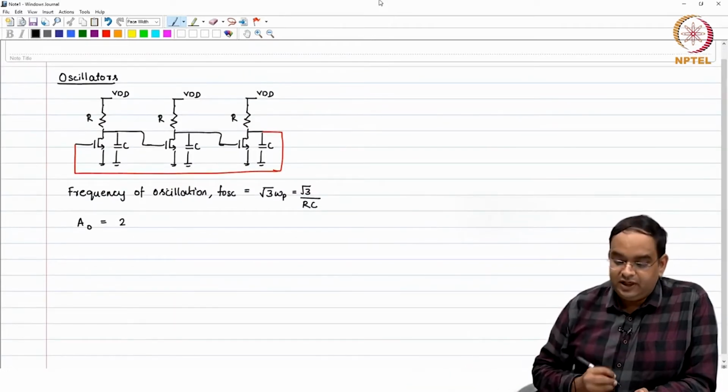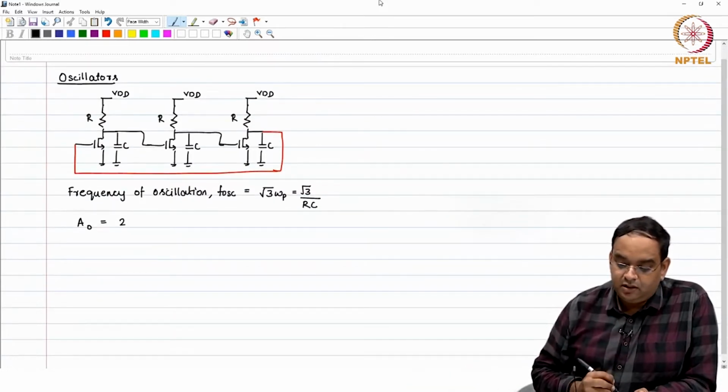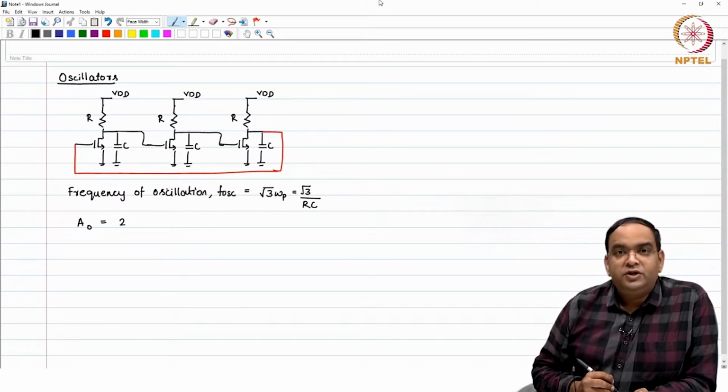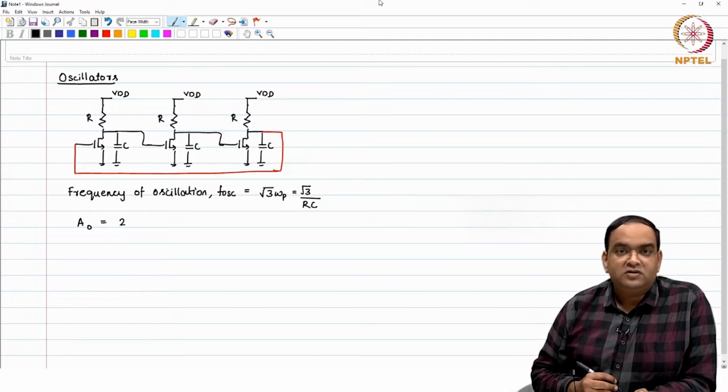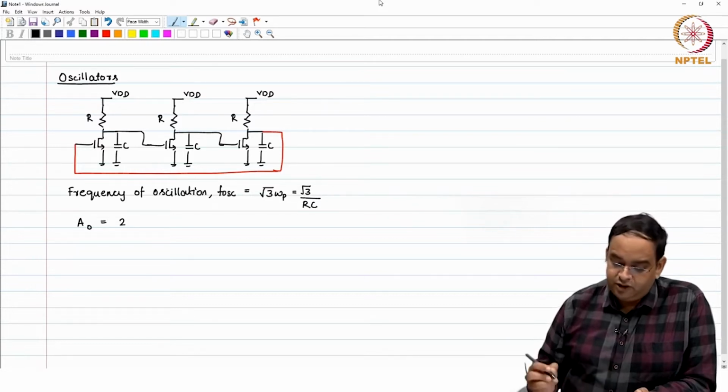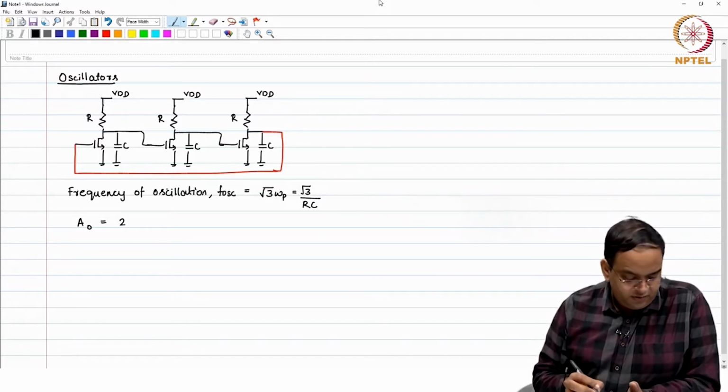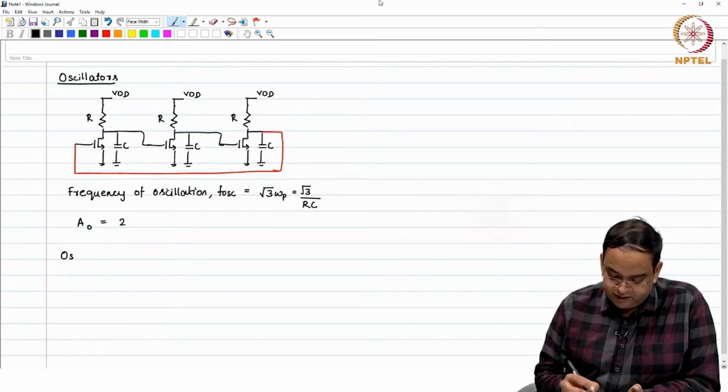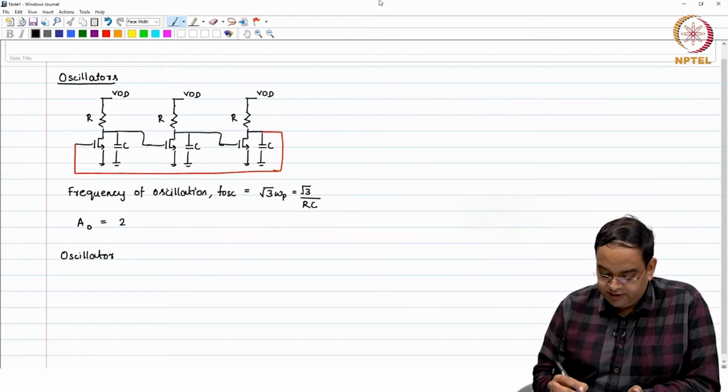Now, with this simple oscillator, what all things do we need in any given oscillator, whether this oscillator meets our demands or not? So, the oscillator performance matrix, we have to define that.